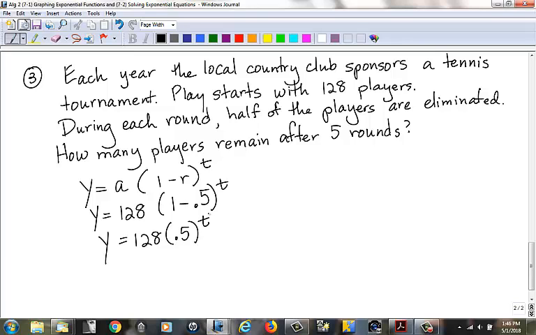Zoom 0, zoom fit will give you a graph. We're only going like 5 rounds, so let's go negative 5 to 8.